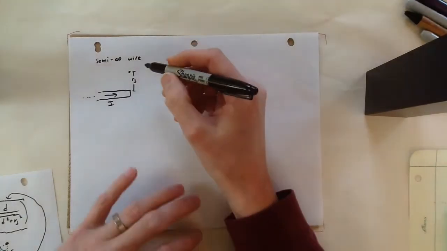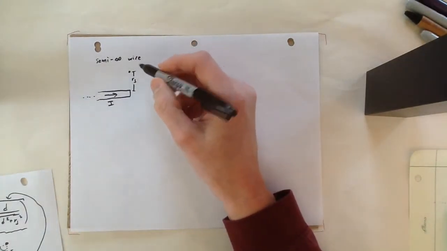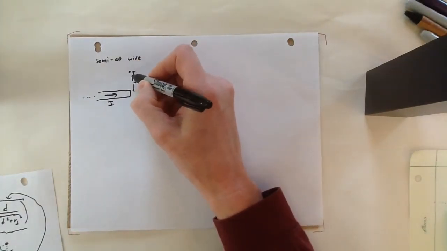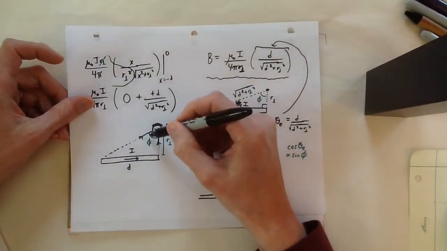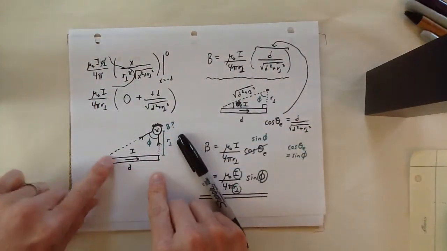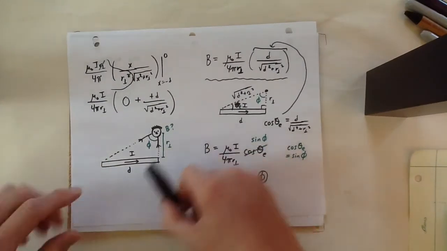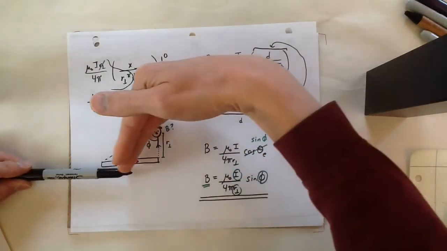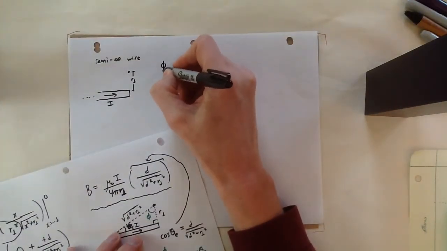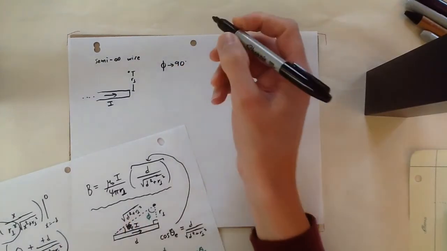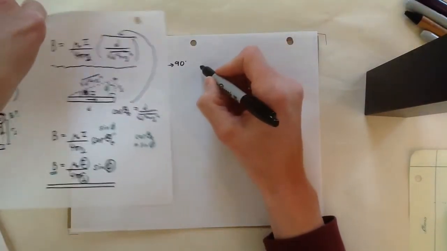So if you look at that, if you span the angle that this thing makes, well, if this thing goes on forever and ever, okay, then this angle gets larger and larger, and in fact it approaches 90. And so in this case, the angle phi would approach 90, and let's see what would happen to the formula.